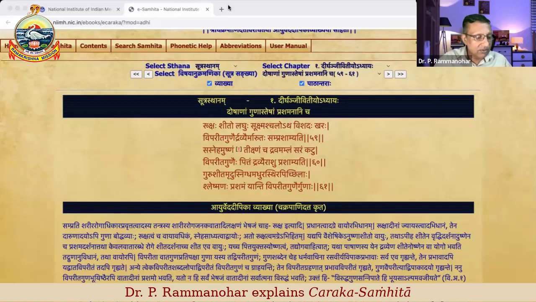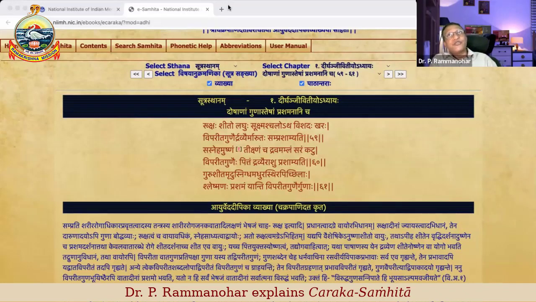So this is the concept of the samsarga. We can see pitta and kapha, so pitta will make it slightly tikshna and kapha will make it manda.